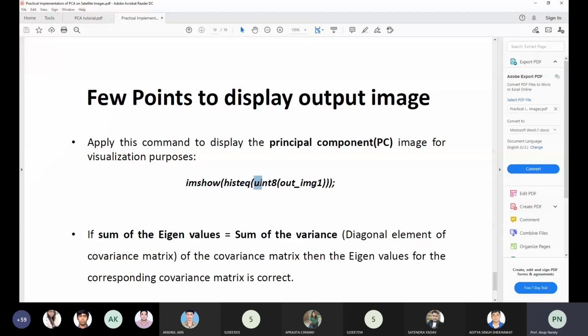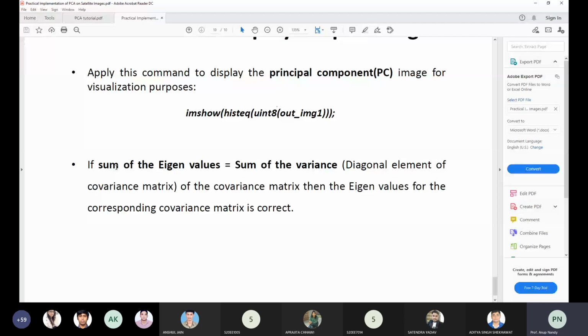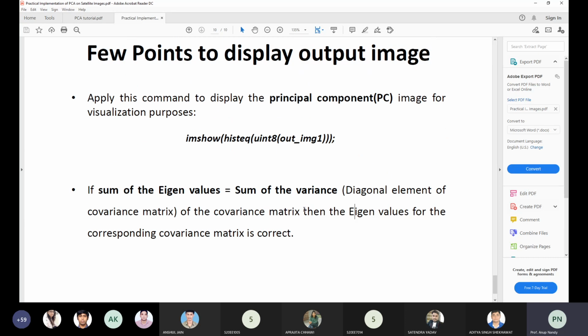Then unsigned integer 8, uint8. Then output image 1: the first principal component is output image 1, the second is output image 2, then the third principal component. Now, the sum of the eigenvalues is equal to the sum of the variances, meaning the diagonal elements of the covariance matrix. The sum of the variances is the diagonal elements of the covariance matrix. Then the eigenvalues for the corresponding eigenvectors are correct. So these are the things.